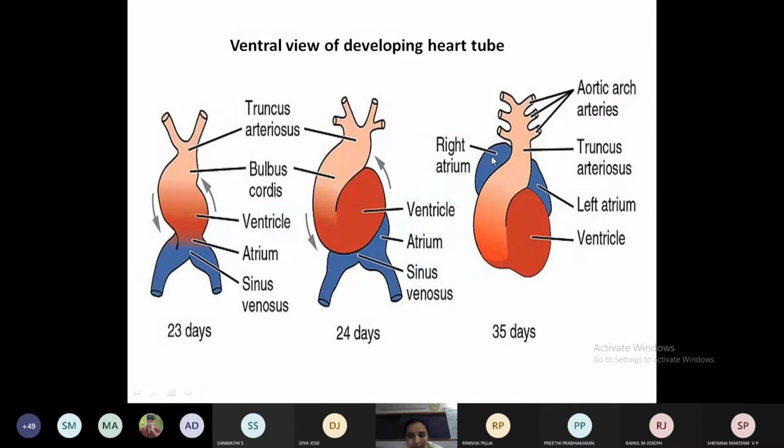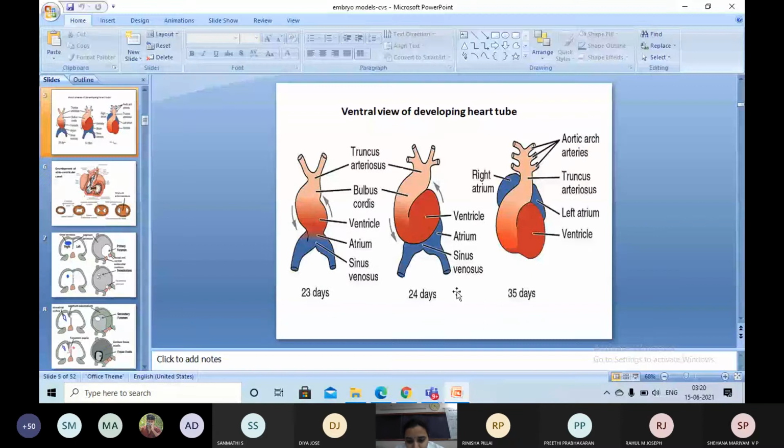Later the primitive atrium divides and differentiates into right and left atrium. That's why we have the right and left atrium a little behind and above the ventricles. For this I'll show you a video, you will understand better with that.